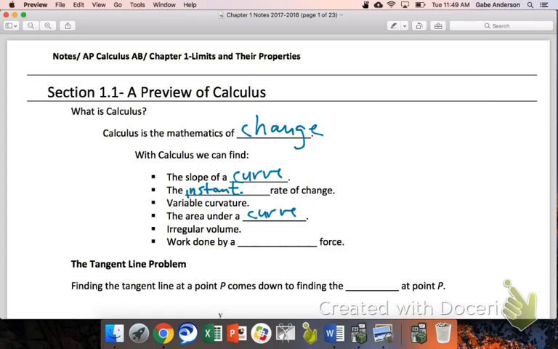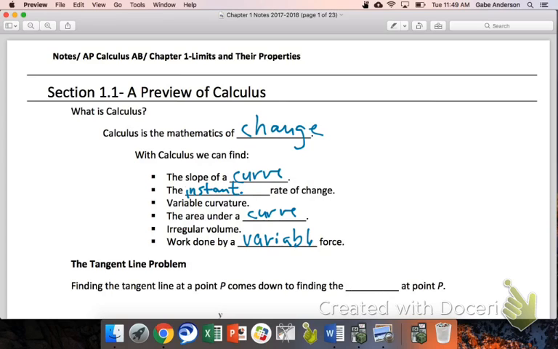Why would you care, and how could you do it? That's one of the things that we work on. Crazy, strange volumes, like you wouldn't believe. Work done by a variable force. These are all applications of things that we can do with calculus. And there are two really great questions with calculus. There's the tangent line question and the area under a curve question.